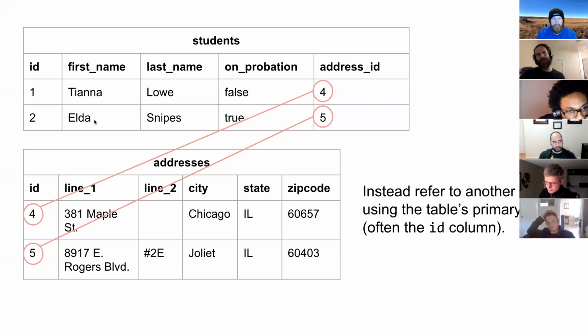Multiple people could have the same first name, and that's fine. But we want IDs to be unique. And again, that uniqueness constraint is something you can impose on a column. So we could have first names be unique if we wanted to. We could enforce that on our database.